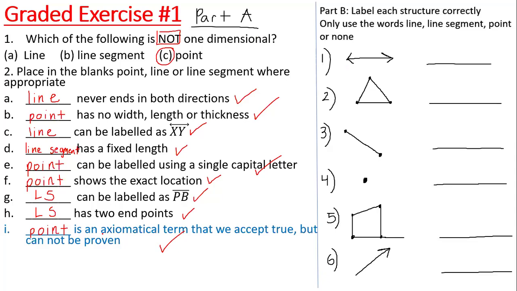It's basically something that we accept as true. We can't prove it. It's something that is zero, no width, no length, no height. How in the world can you prove that that exists? We can't prove it exists, but we have to accept that it exists in the world of geometrical concepts. This is how math works.